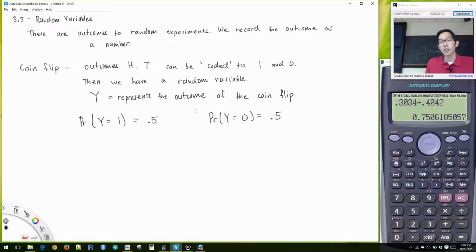And again, this is a slightly simplified version of the world, but this would account for all possibilities. When we flip a coin, we're either going to get heads or tails, but those are coded as 1 and 0, and therefore we have a random variable, and we can make statements like this. We can have more complicated situations.